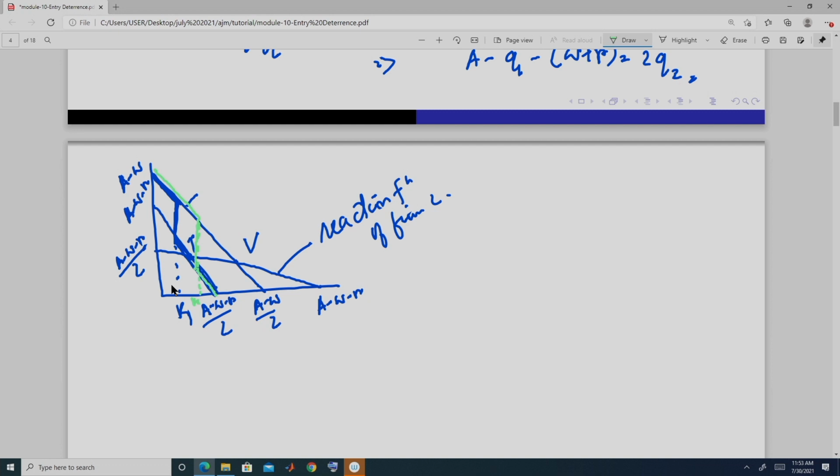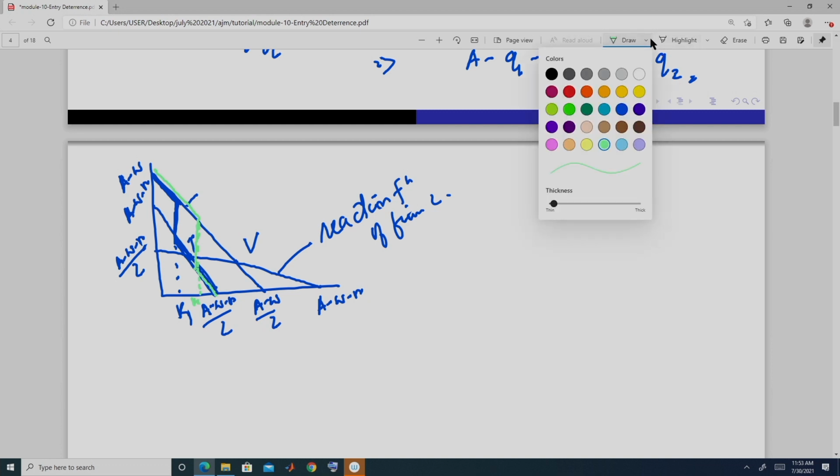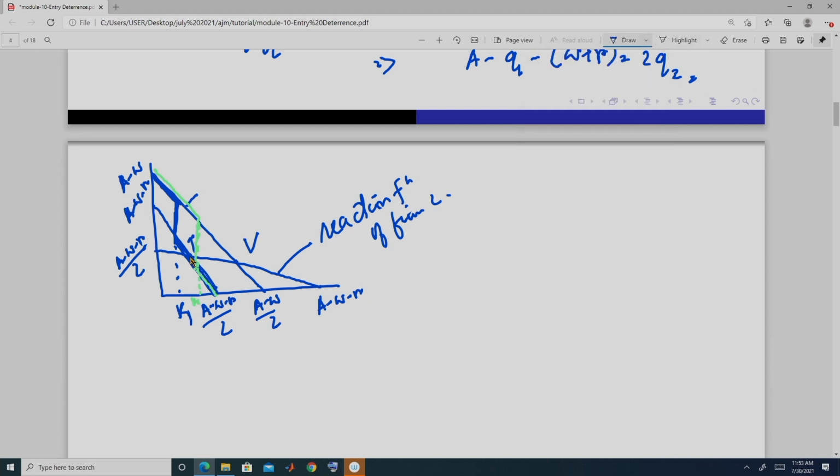Okay. Now, we will find out the outputs at points T and V, because our analysis is dependent on these two outputs. So, at point T, this reaction function intersects with this reaction function.